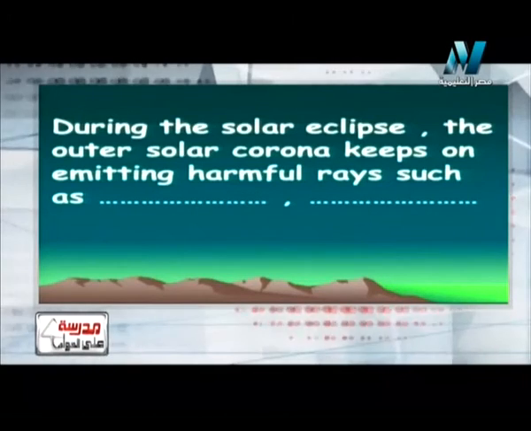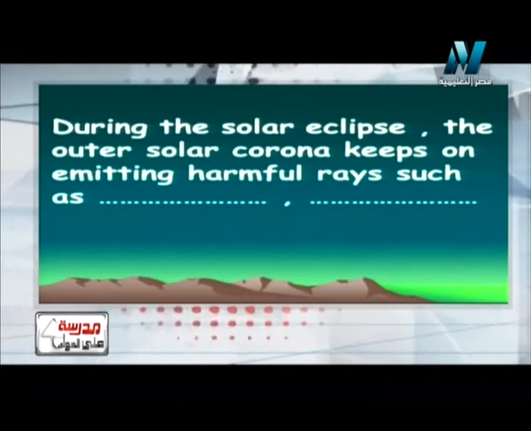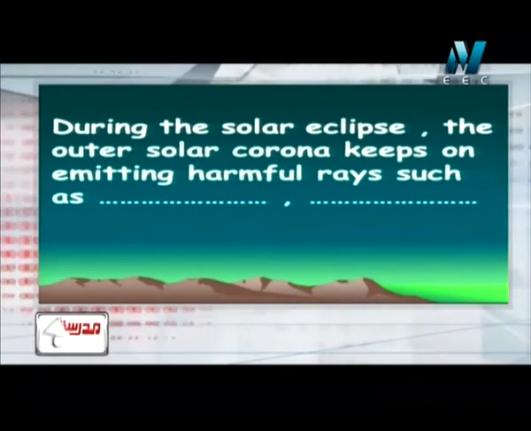So another complete question. The question says that during the solar eclipse, the outer solar corona keeps on emitting harmful rays such as what?